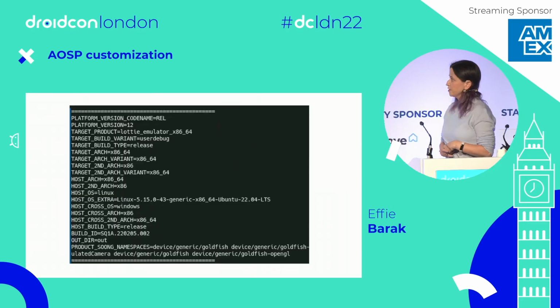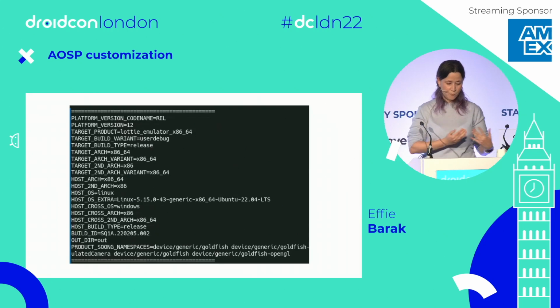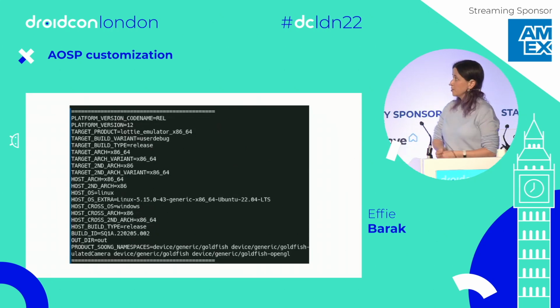Then the next thing it will do is set up the build target and all these variables and parameters about what build we're building. In this case, for example, we're building for architecture x86_64. We're building a custom variant that we call Lottie emulator. We're the ones that named it in that case. We're building for Linux. This will also work on Windows, et cetera.